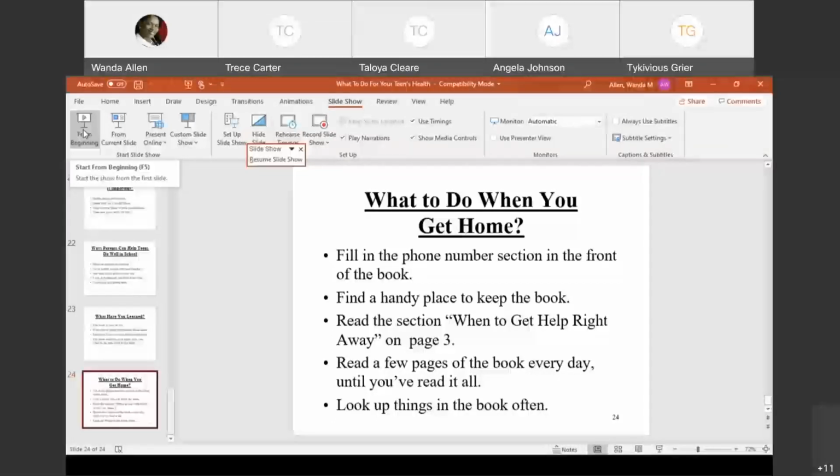And after they've completed it, you want to make sure you thank them for participating. And that's a great opportunity if you have additional sessions that you will be teaching to let them know about those sessions, or to let them know you will be keeping in contact with them via email or telephone for any upcoming sessions.